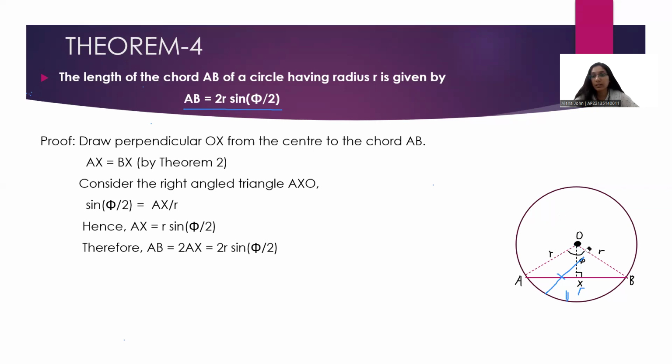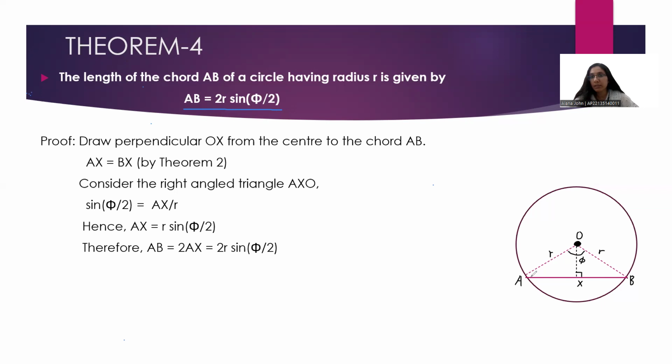I will be illustrating this theorem using the following diagram. Suppose I have taken a circle with the center O and the radius taken to be R, and I am taking a chord AB.